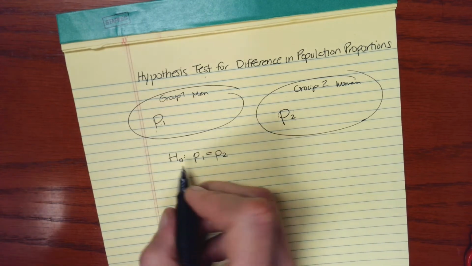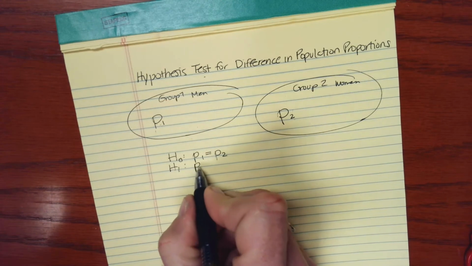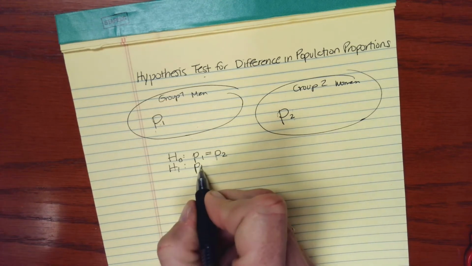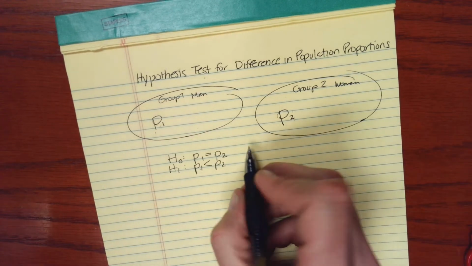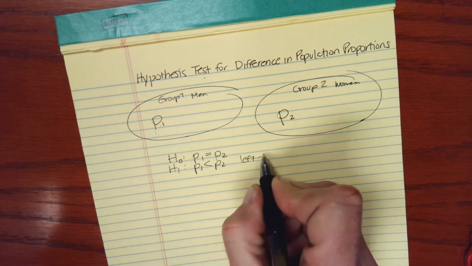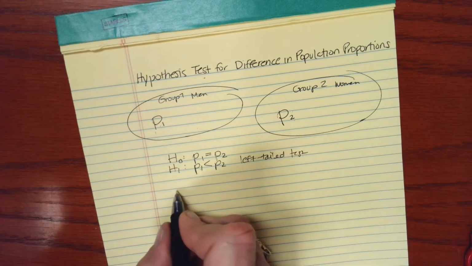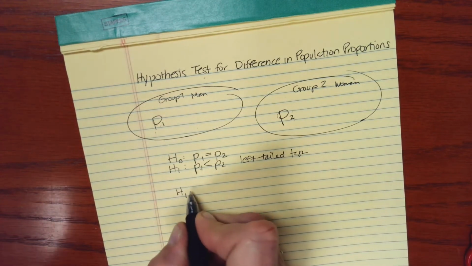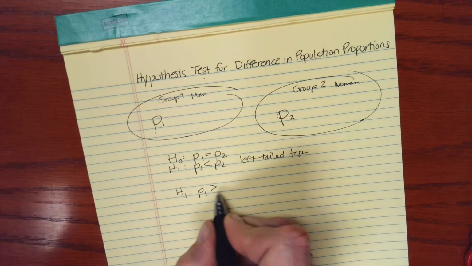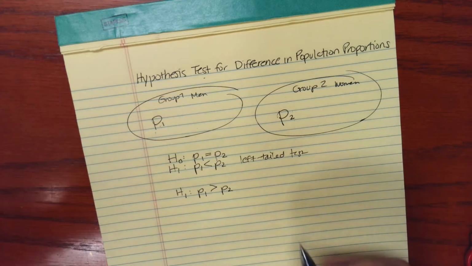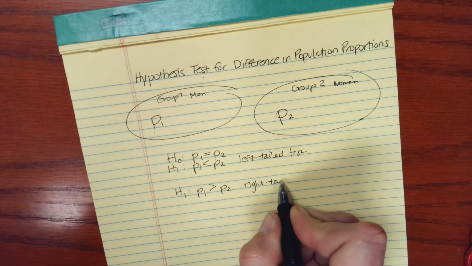Now, the way that you write your alternative hypothesis, so H1, you may set it up to say that the proportion in population 1 is less than the proportion in population 2, in which case you'll end up conducting a left-tailed test. Alternatively, you may end up with an alternative hypothesis that the proportion in population 1 is greater than the proportion in population 2, and that would result in a right-tailed test.